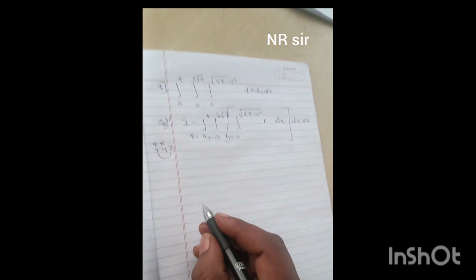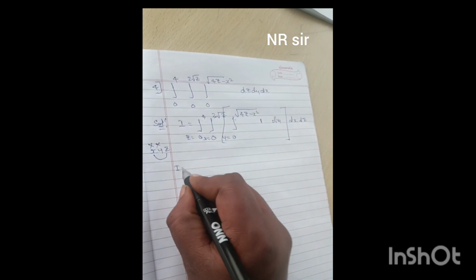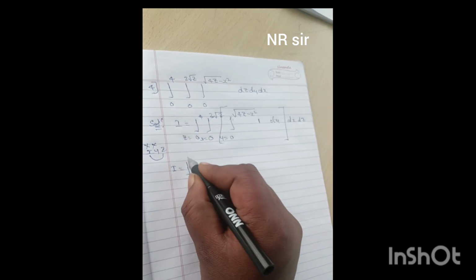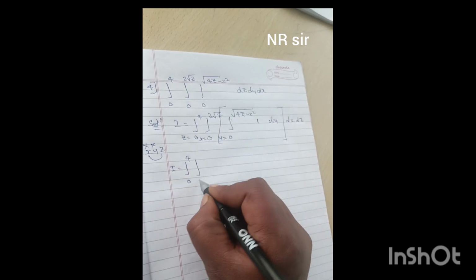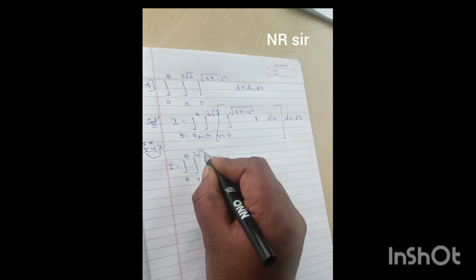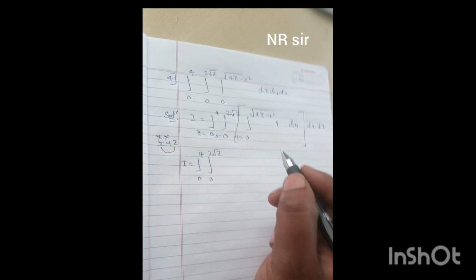Now if you do the integration, I is equal to the integral from 0 to 4 for the z limit, and 0 to 2 root z for the x limit.